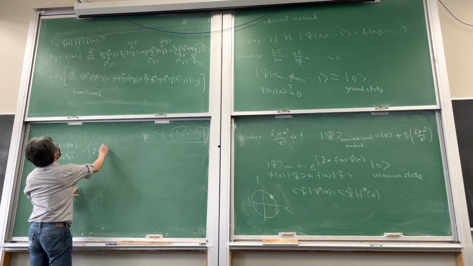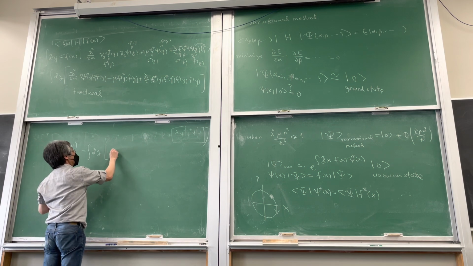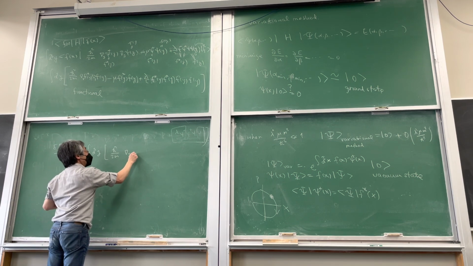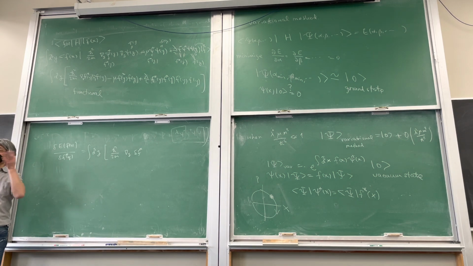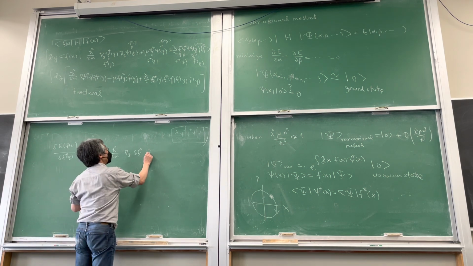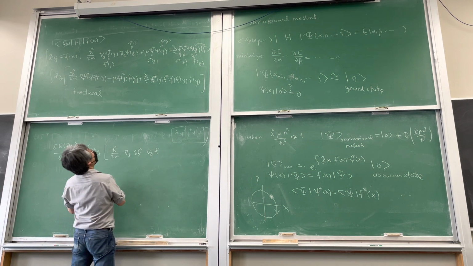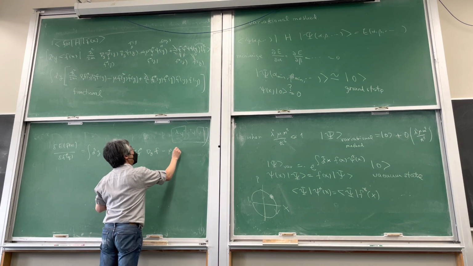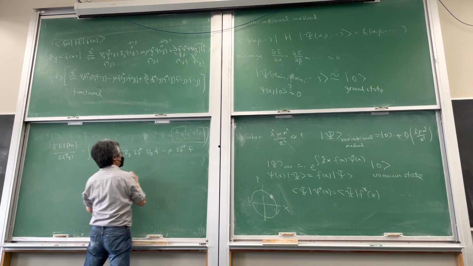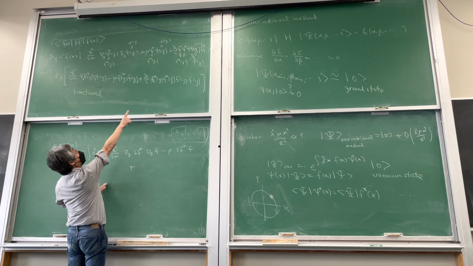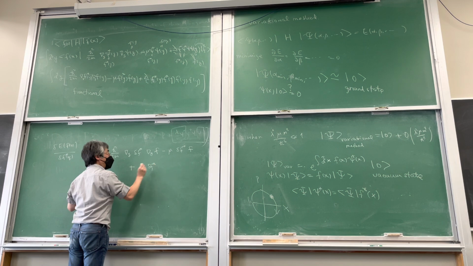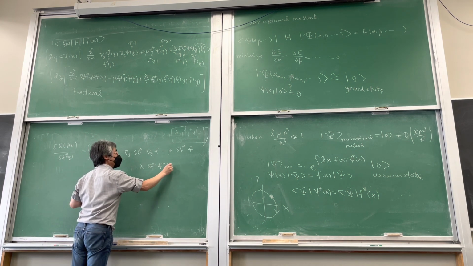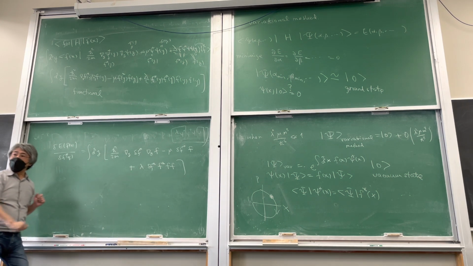So what I do is to vary f star a little bit and make sure that it's stationary because it's supposed to be at the minimum. And then I have two factors of f star there, so if I take variation of one, the other one stays. That cancels the factor of half.